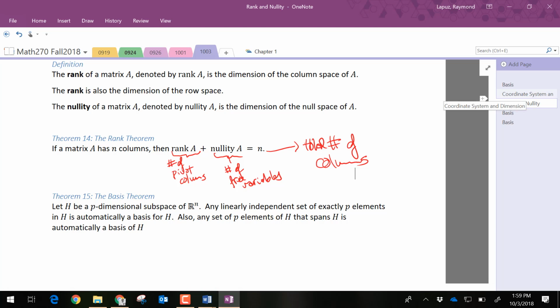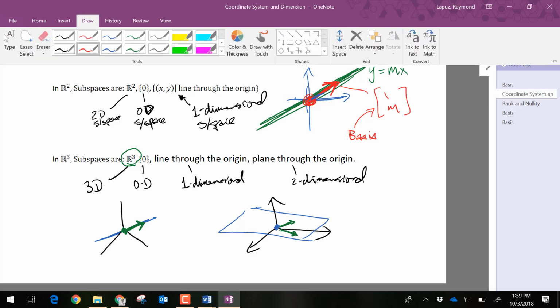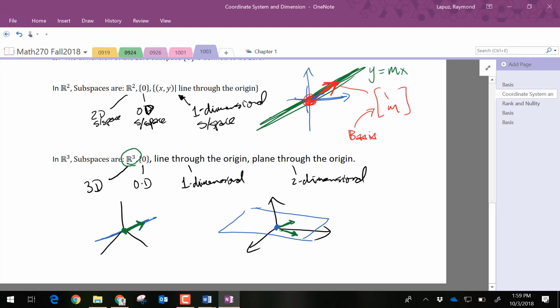As an example, we took a look at R3, and our two-dimensional example over here says that these two green vectors span this space. I can pick any other two vectors that are linearly independent, and they would still span everything.